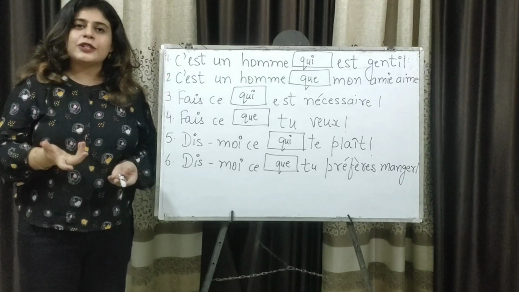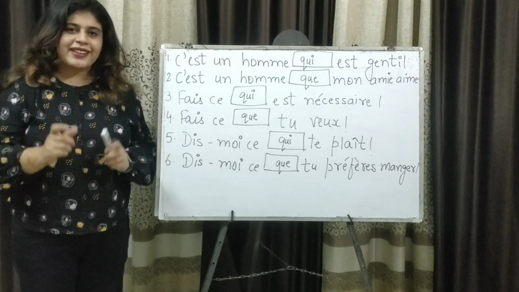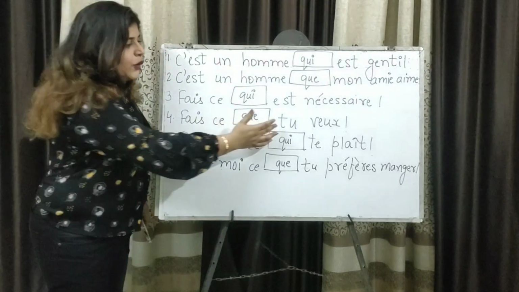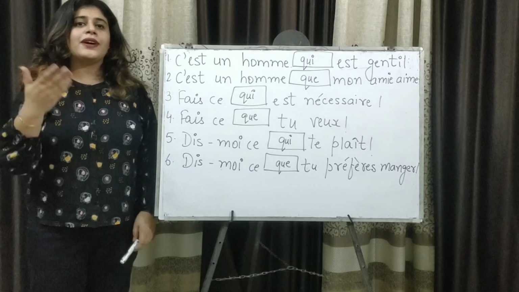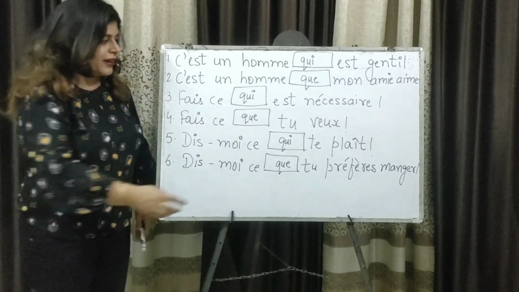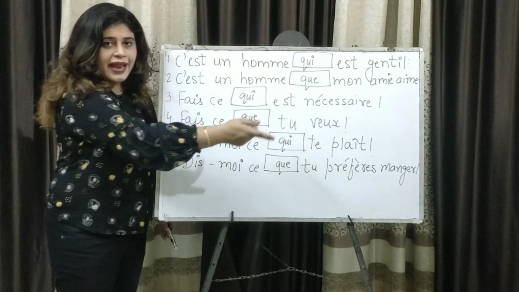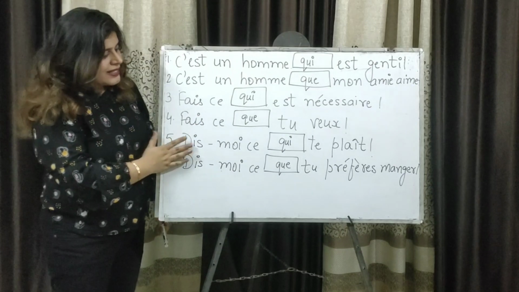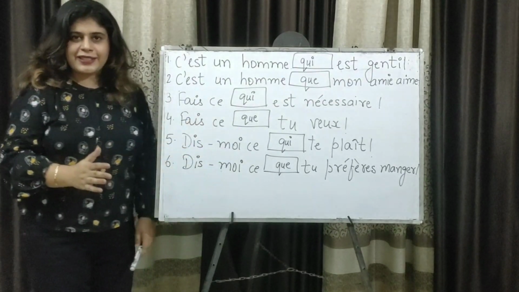What is quelque chose? It is a subject. The answer is qui. But in the second case, you want something to work, quelque chose. Something is coming at the place of an object. Subject, verb and the object. Hence, que.